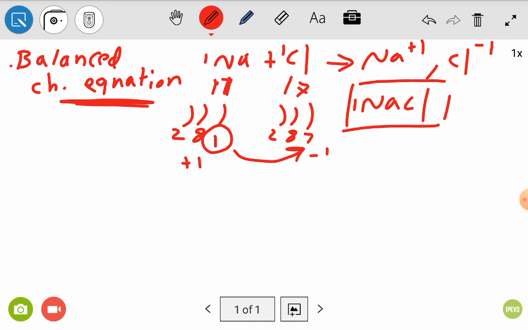In that case, it's a balanced equation. Why is it balanced? We have one sodium atom and one chlorine atom, and here we have one sodium atom and one chlorine atom. We didn't change anything structurally according to the compound.